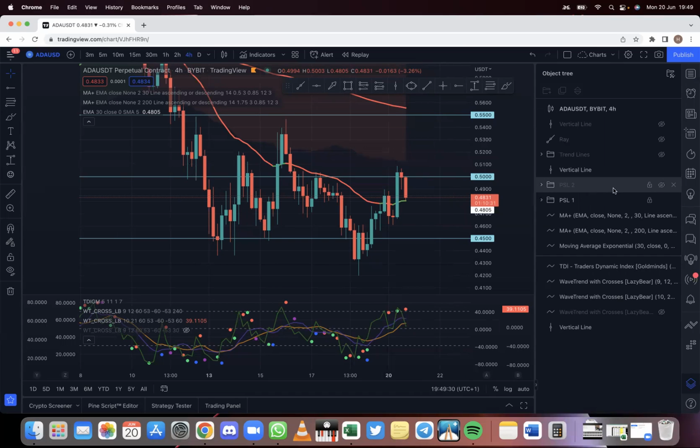And then I have the sub-psychological levels, which are as follows. Between the 0.45, I have this other one, which is 0.475, the green one. And then we go to 0.525, 0.55.